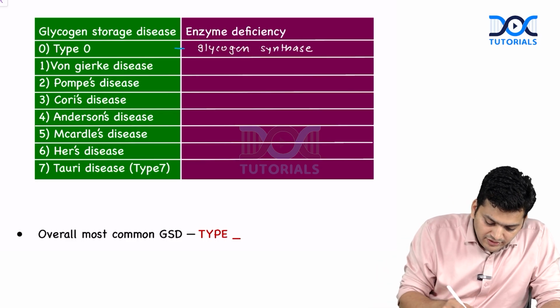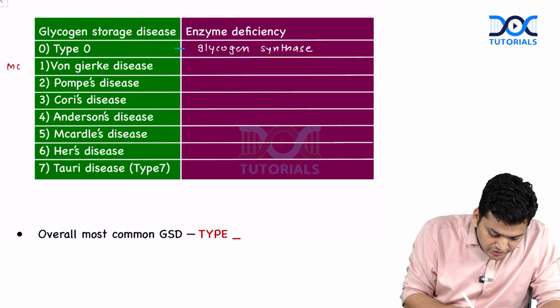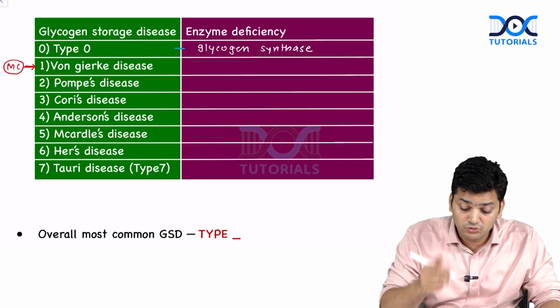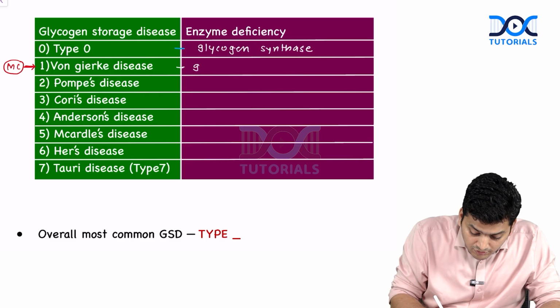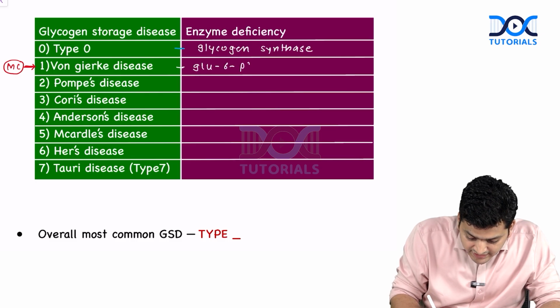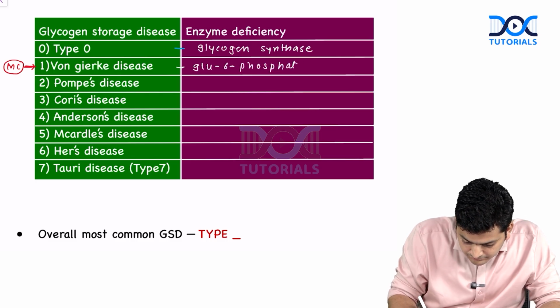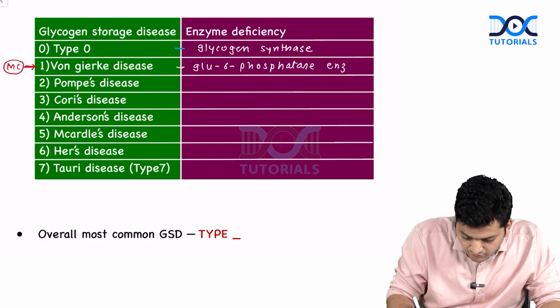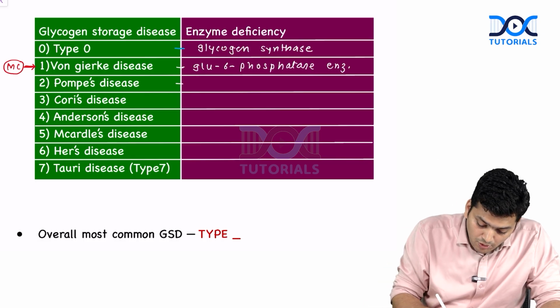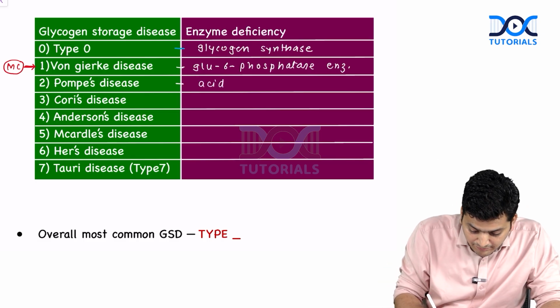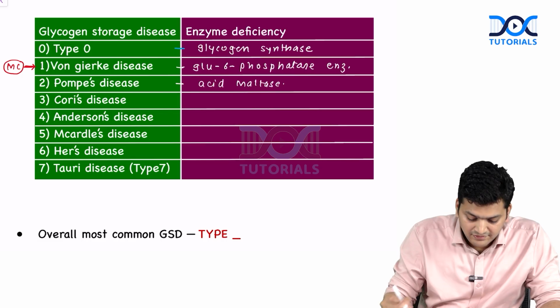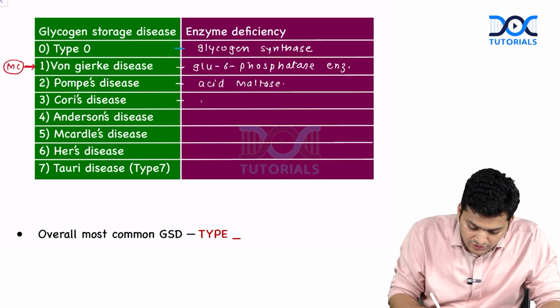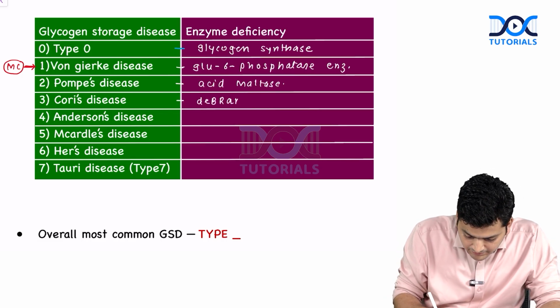Von Gierke is the most common glycogen storage disease. It is seen in children and it is due to deficiency of glucose 6 phosphatase enzyme. Pompe disease is due to deficiency of acid maltase. Cori disease is due to deficiency of debranching enzyme.